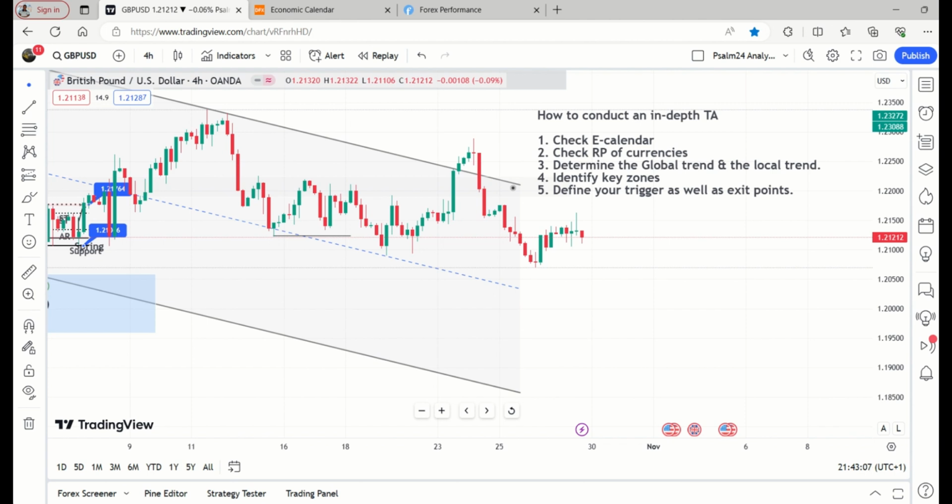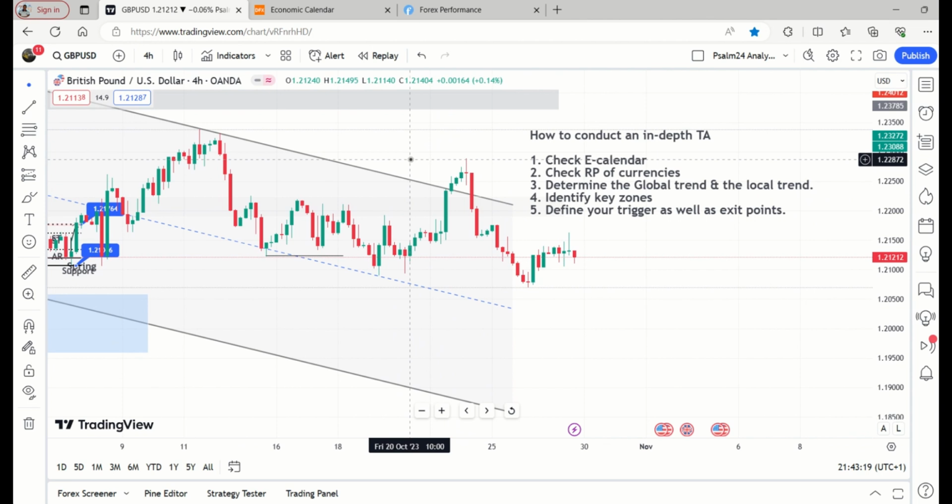All right, so the first thing you should be able to do as a trader is to check the economic calendar. You check the economic calendar before you actually trade. Why do you need to do this?